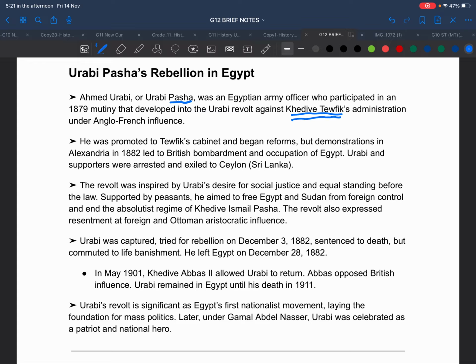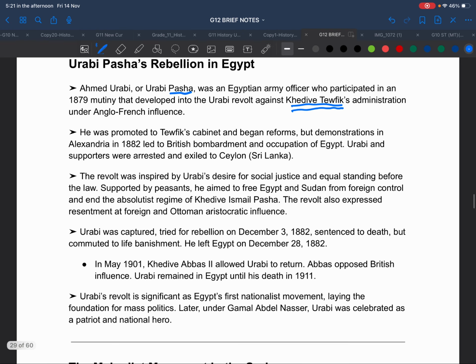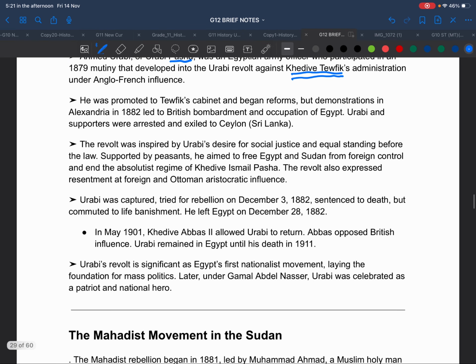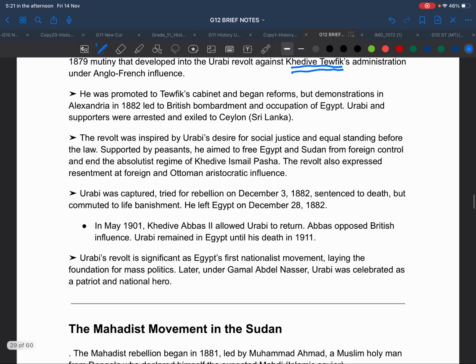Khedive Ismail Pasha was the ruler of Egypt at the time when Egyptians attacked Ethiopia, during the reign of Emperor Johannes IV. Urabi was promoted to Tawfik's cabinet and began reforms. He became part of the cabinet.